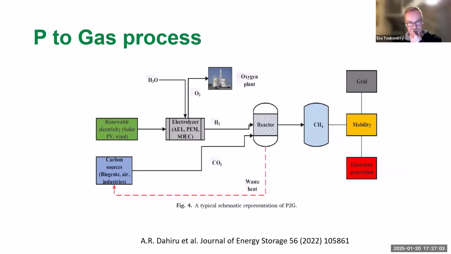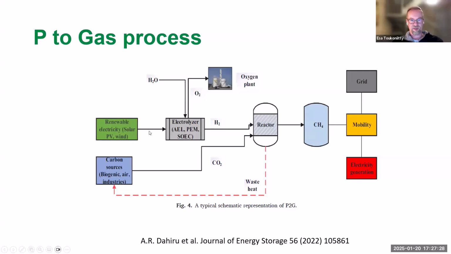This has been taken from one of the articles that you get today. It's just a very simple representation of a power to gas process. And this is methane production.